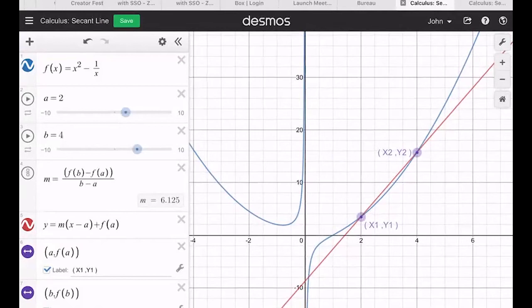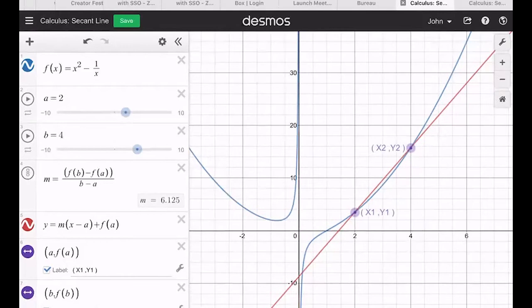Here I've graphed x squared minus 1 over x in Desmos, and it's the blue function. It has two parts, this U-shaped thing on the left and then the squiggly thing that comes up from the bottom off to the right. But between 2 and 4, you can find that the red line is the line between those 2 points. And what's the slope of that? Well, it's f of the top point minus f of the bottom point over the difference in the x values.